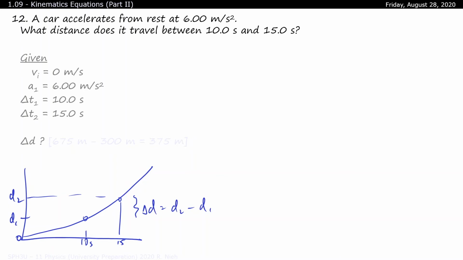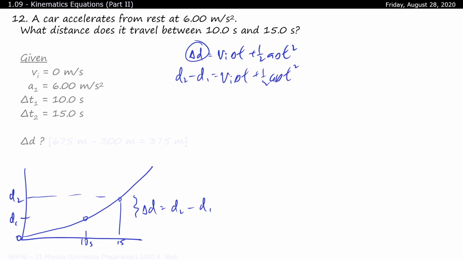So when you take a look at the kinematic equation, the third one, delta D equals Vi delta T plus 1/2 a delta T squared. This delta D, by definition, is equal to final position minus initial position is equal to Vi delta T plus 1/2 a delta T squared. So our final position is equal to our initial position plus Vi delta T plus 1/2 a delta T squared.